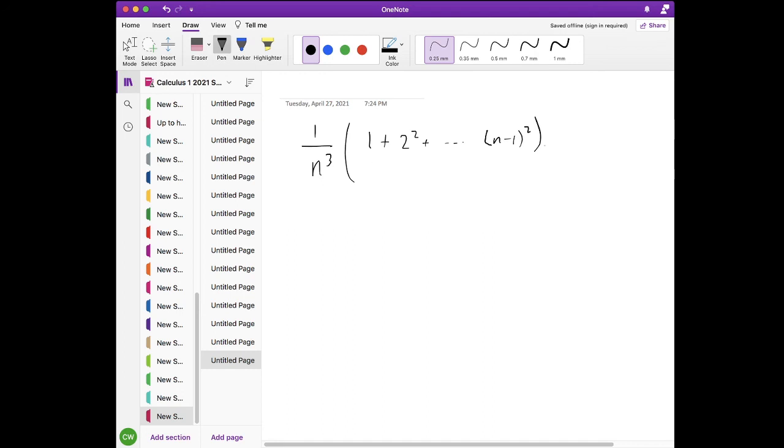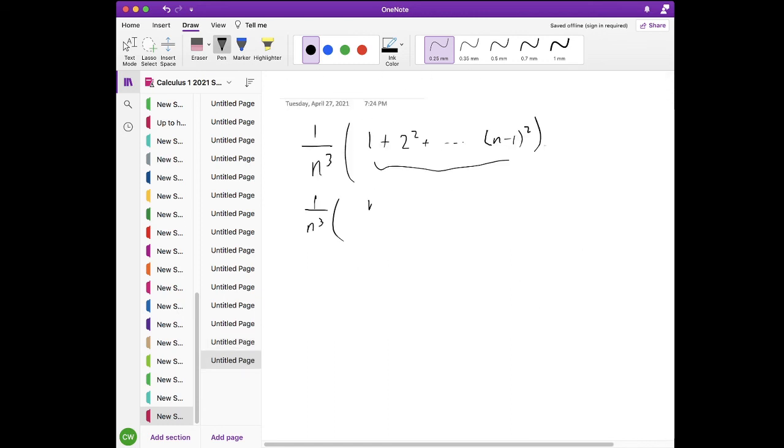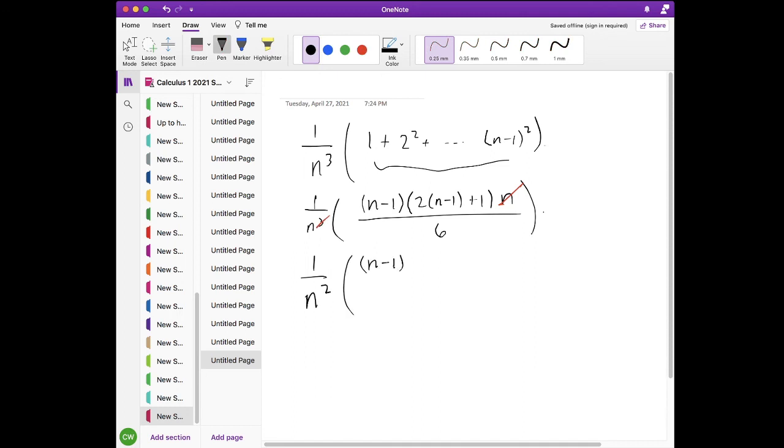So by the formula we just found, plugging in n minus 1, it is n minus 1 times 2n minus 1 plus 1 times n over 6. If you simplify that a bit, here's an n and an n, so I have n squared, and then n minus 1, 2n minus 1 over 6, right?